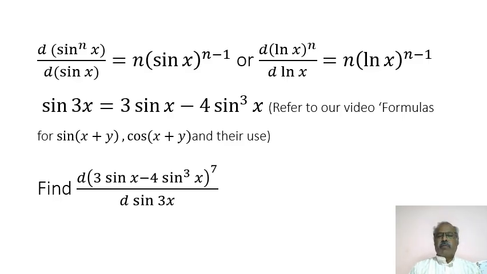So basically what we have done is sine 3x raised to 7. It is in the form of finding the derivative of x raised to n with respect to x. Here our variable is sine 3x and the power raised is the 7th power. So the derivative will be 7 times sine raised to 6 of 3x.